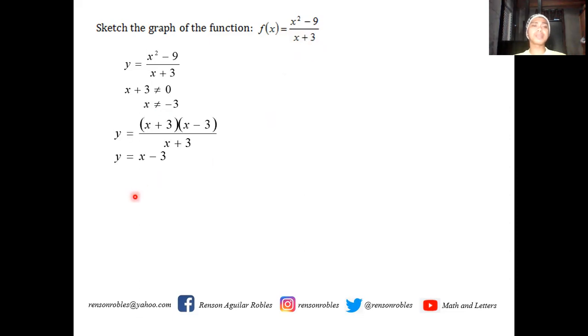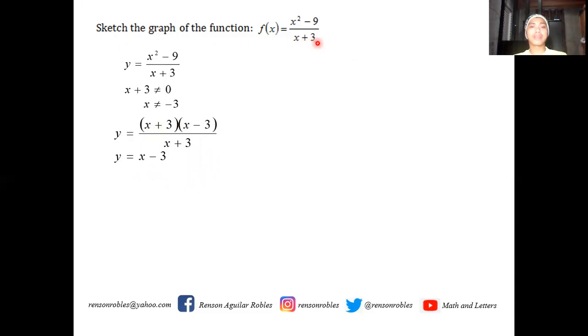However, you notice that x squared minus 9 all over x plus 3 is not in lowest terms. Why? Because we can factor x squared minus 9 in this form: x plus 3, x minus 3, and then all over x plus 3. So you can now cancel this out.